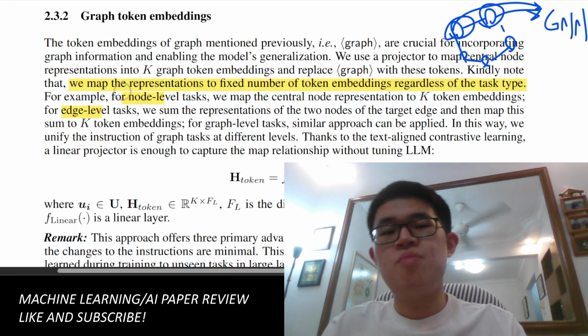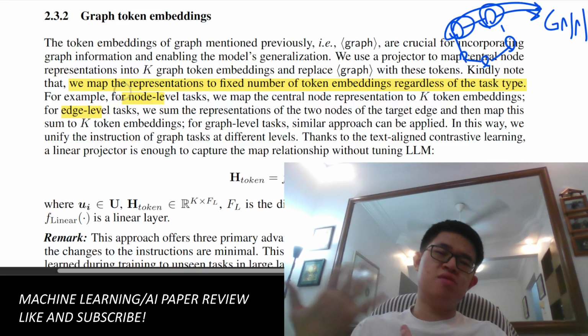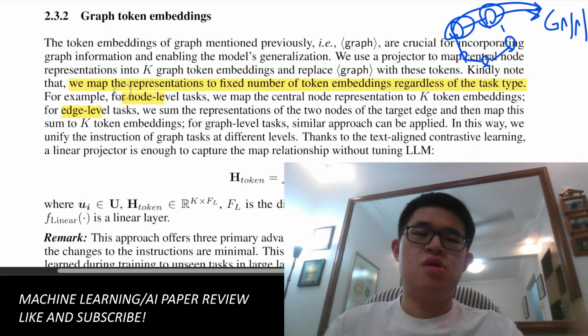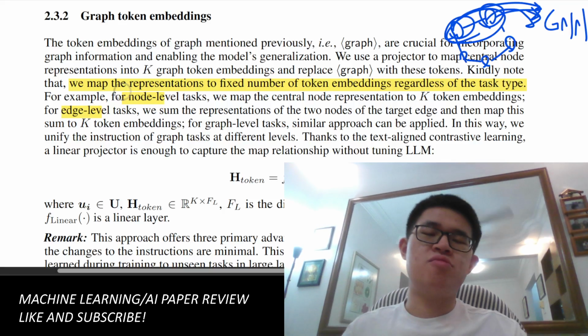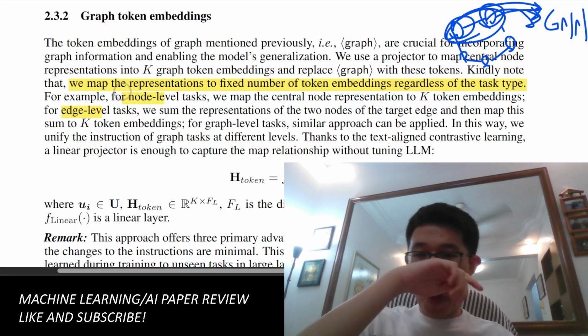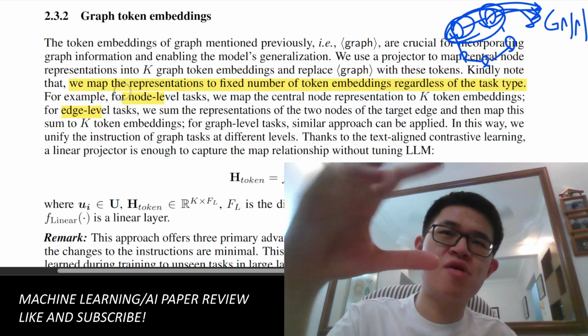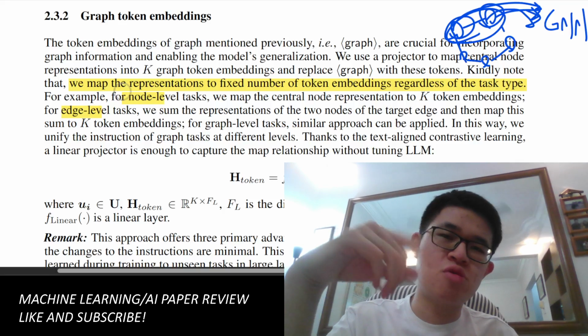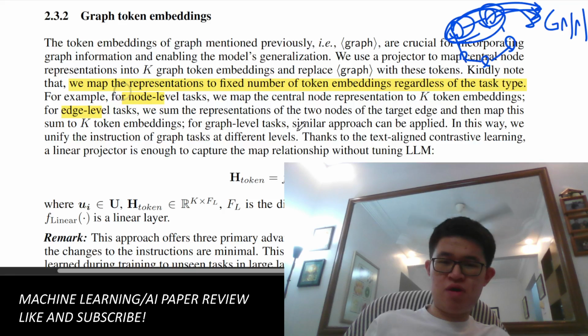But for something like the edge level task where you're only concerned about the connections, you would need to get both into the GNN at the same time, such that it would signify that your concern is the edge between these two nodes. Yep, so that's what it meant by that.